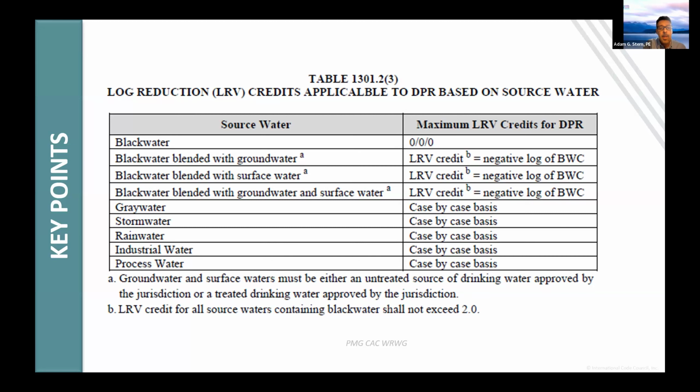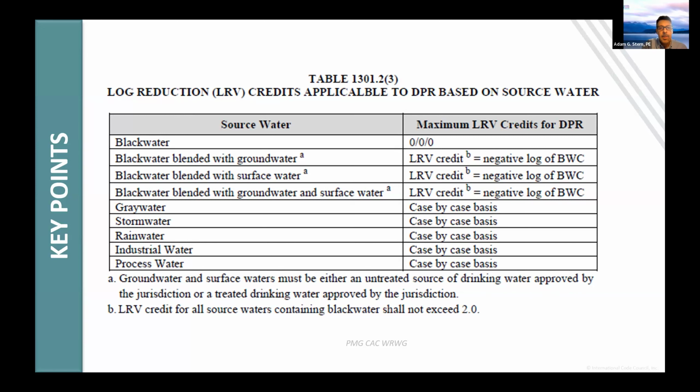If we've got 10 gallons per day of black water mixing with 90 gallons per day of groundwater, the black water contribution there is 10%. Negative log of that is 1. Therefore, you've got 1 log reduction value credit.